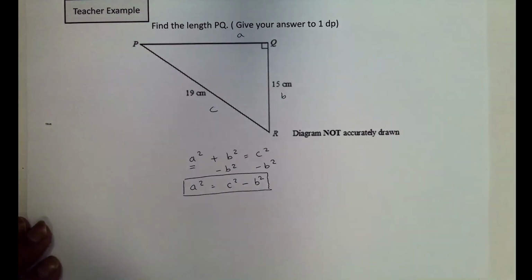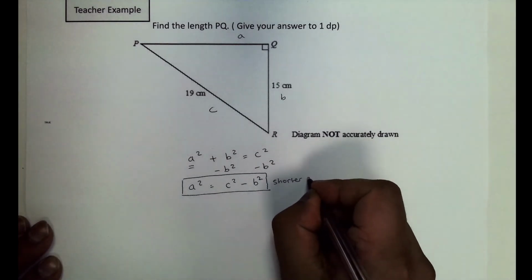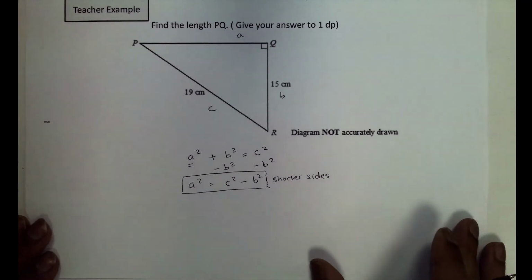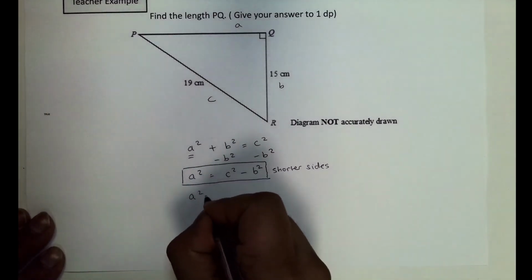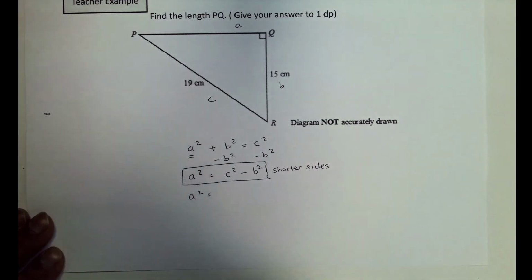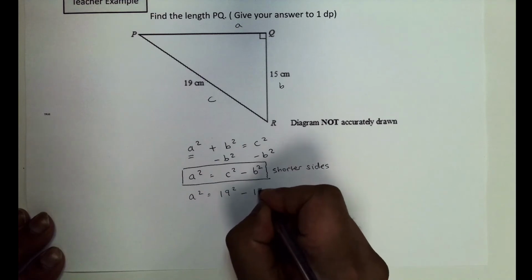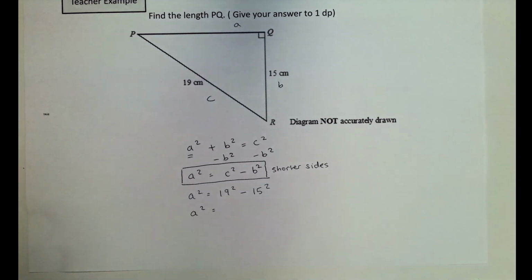Now this is the formula if you ever have to work out the shorter sides. So A squared in this case is going to be 19 squared, take away 15 squared. So A squared will be, just pop this into our calculator.